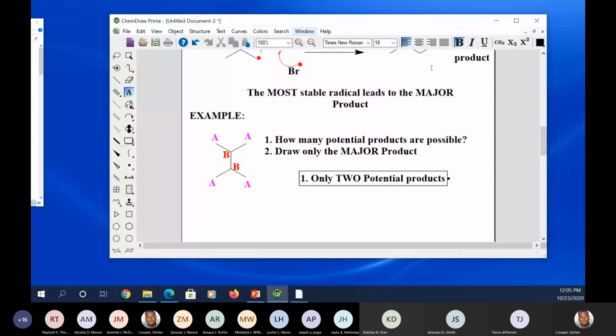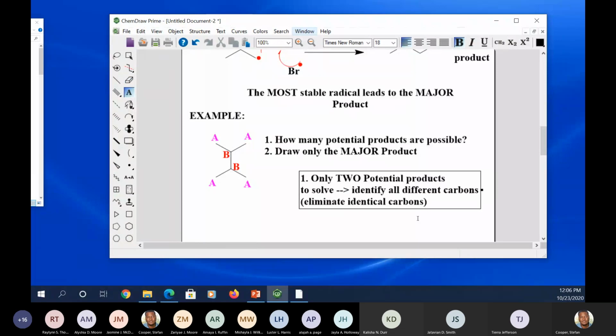And how do I do that? I need to identify all different carbons and eliminate identical ones.